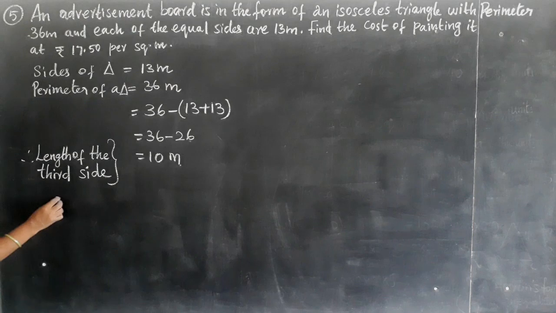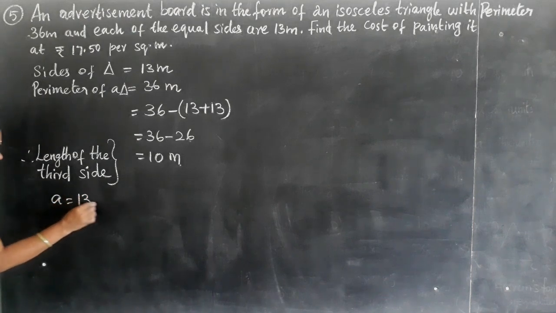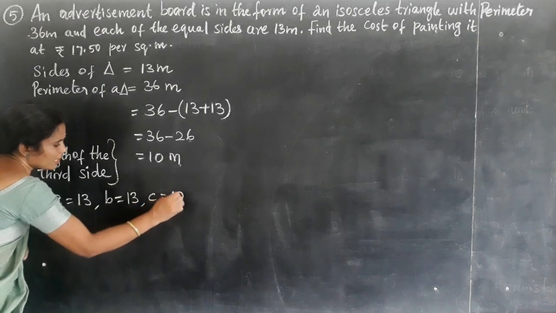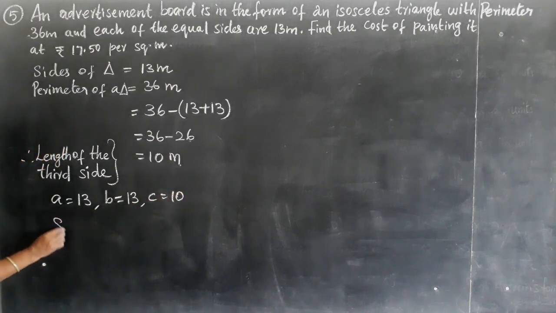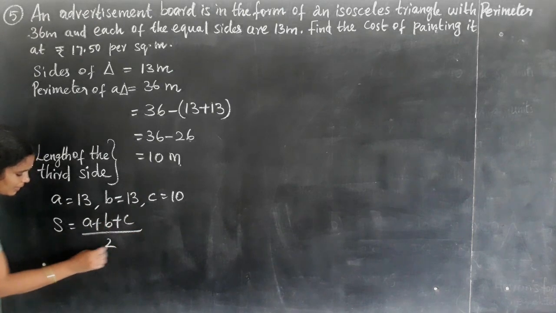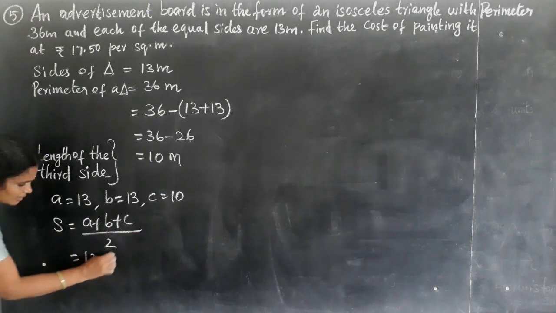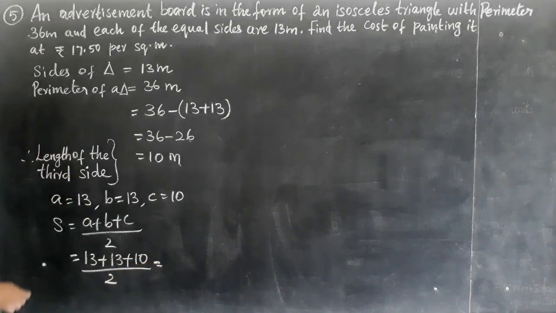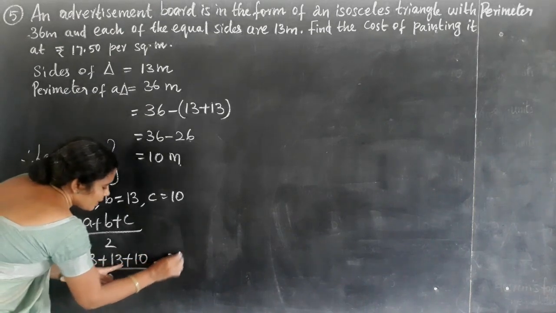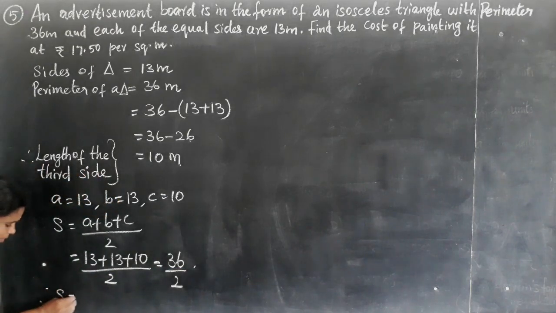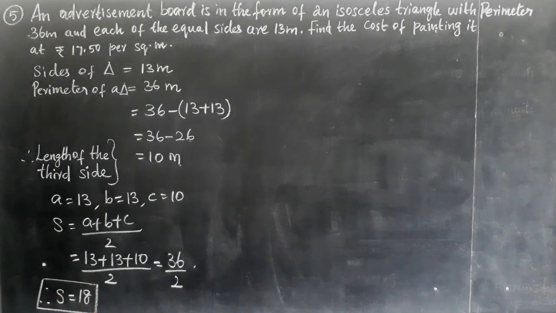So now A is equal to 13 and B is equal to 13 and C is equal to 10. So to find S, A plus B plus C divided by 2. So 13 plus 13 plus 10 divided by 2 is equal to 36 divided by 2. So therefore S is equal to 18.